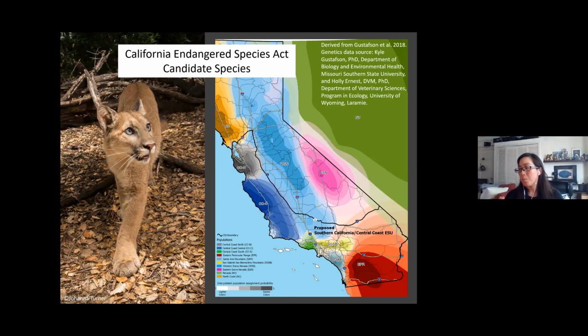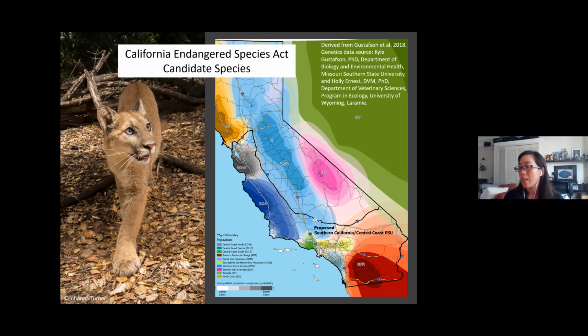After looking at that, what they found was that the mountain lions in Southern California, in the Santa Monica Mountains, which is right here where it says CCS, this green spot, and the Santa Ana Mountains, which are down here, are doing so poorly with genetic health that they're predicted to go extinct within 50 years if inbreeding gets worse than it already is.